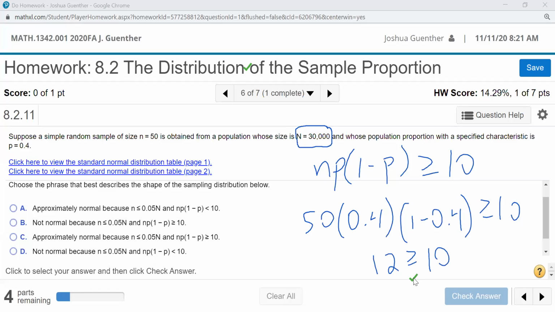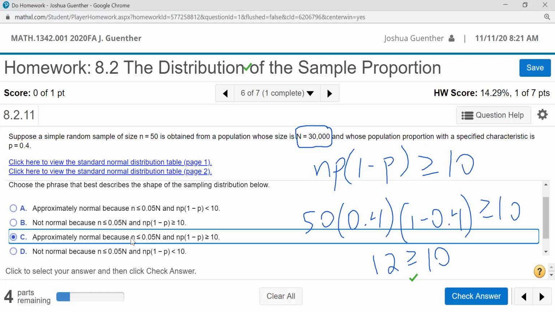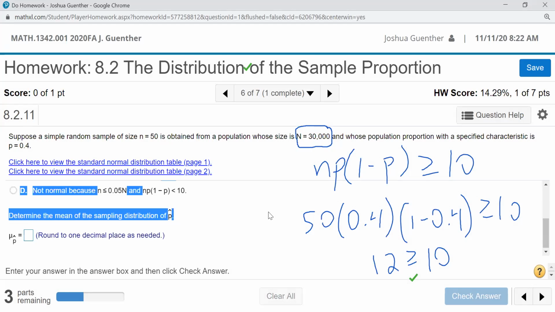There are other textbooks, not this one, that say you have to be at least 15. Then it would fail the normality assumptions on those textbooks. But that's okay. We're good here. It's going to be approximately normal, because we verified that the sample size is less than 5% of the population size, and this other condition, n times p times 1 minus p, is greater than or equal to 10. So we're good.